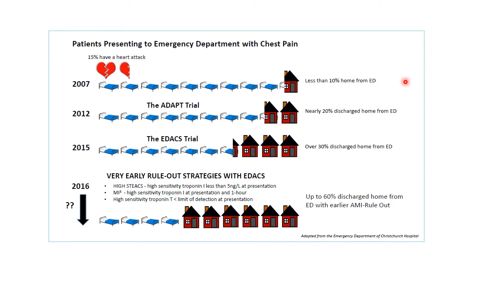I've mentioned ASPECT, the key observational study in the Asia-Pacific region, the ADAPT study, which was undertaken between Christchurch and Brisbane, leading to nearly 20% of patients being able to be discharged early and safely from ED, and subsequently with the incorporation of EDACS, over 30% could be discharged early, and with the adoption of high sensitivity troponin assays less than the lower limit of quantitation at presentation, up to 60% of patients can now be discharged early from the ED using these accelerated pathways.